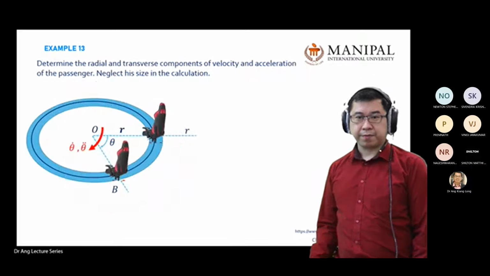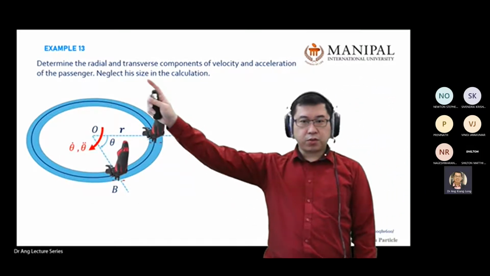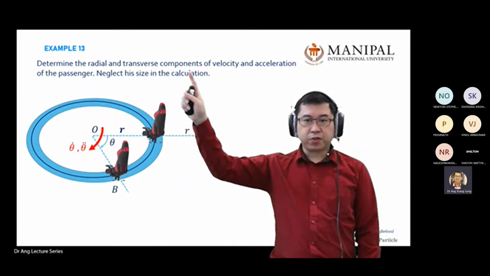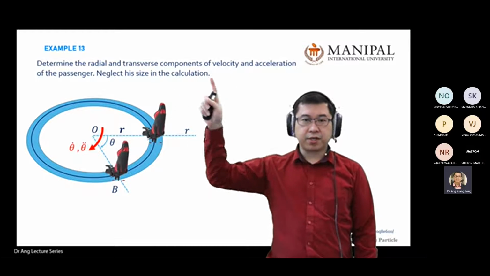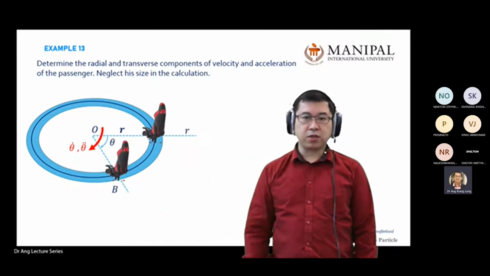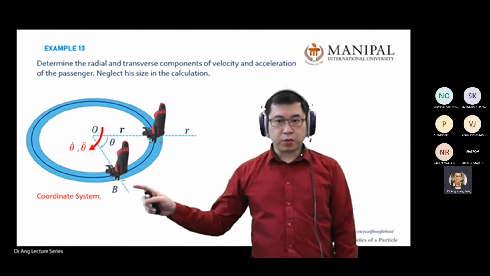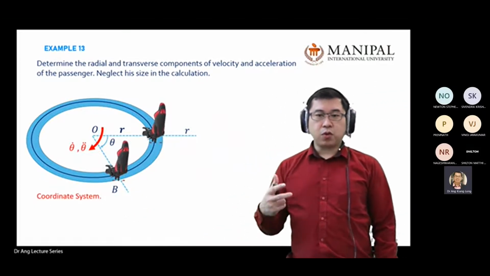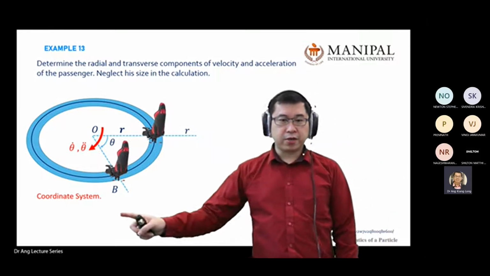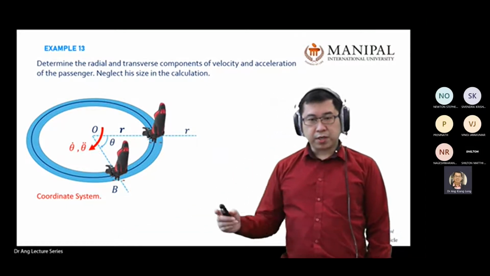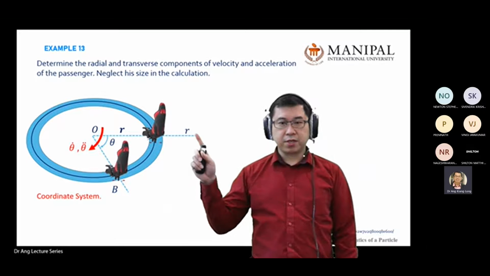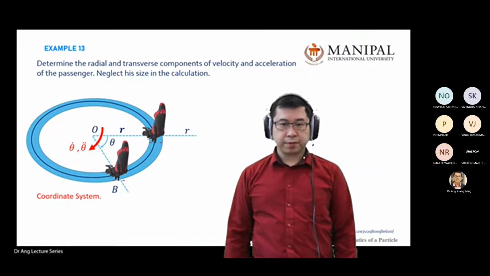The question asks you to determine the radial and transverse components of the velocity and acceleration of the passengers by referring to this scenario. The first step when you solve this kind of question is to always know your position, or we call it the coordinate system. In this one, the coordinate system has two axes, r and theta.